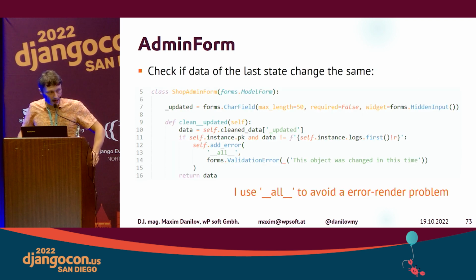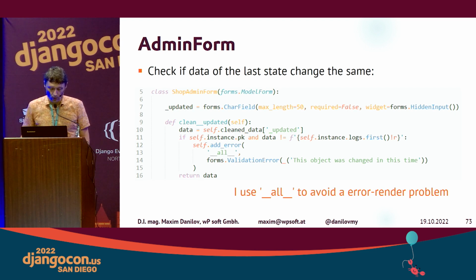And after that, I should create one field updated. It contains my data from the last change, and on clean of my form, I check if the data is the same, time the same, microseconds the same. I think nobody changed this object.